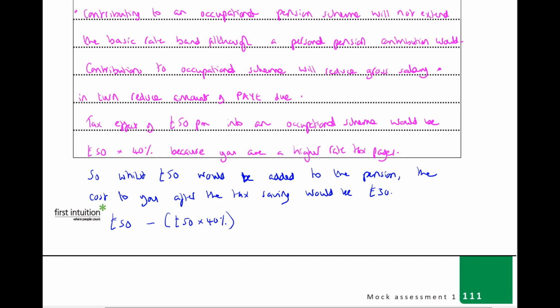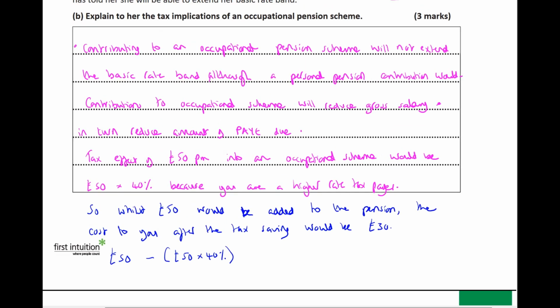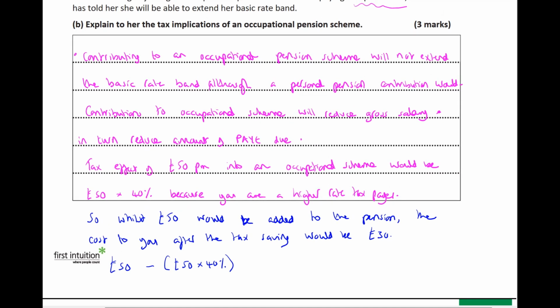So it's 3 marks, so I feel like I've made 3 points, if not a few more. So that would be all that I would probably need to say there. So that just gives you an idea about how to tackle that.